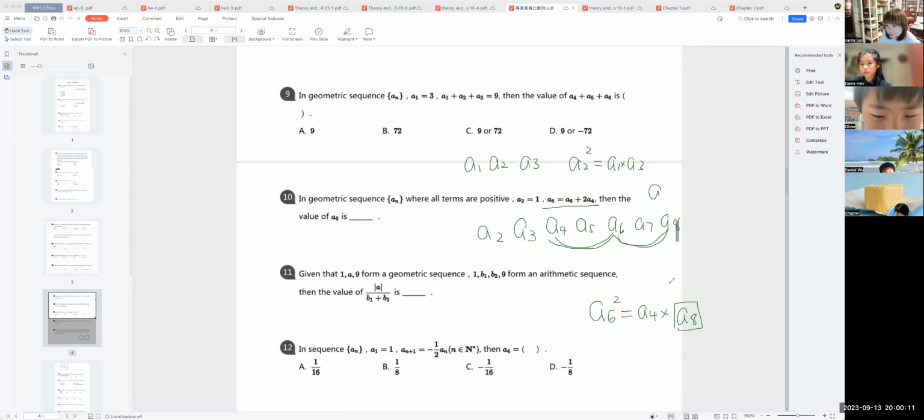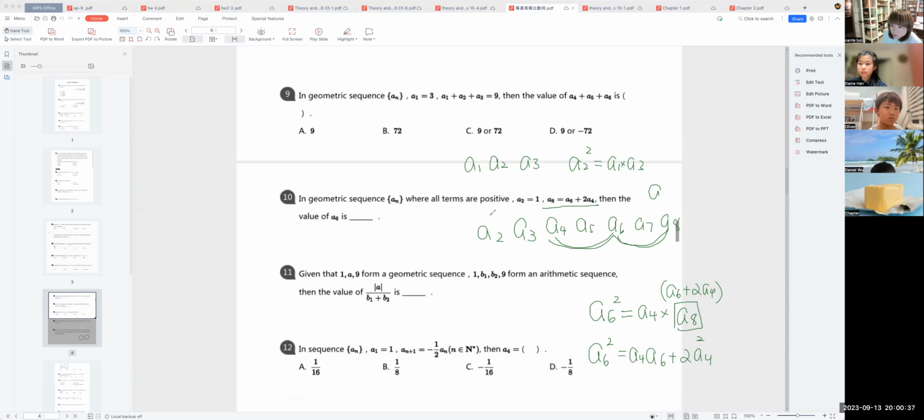So I'm going to replace this one. Understand, everybody? Okay, so A6 squared equals A4 times (A6 plus 2A4). Do you understand, everybody? Yes?